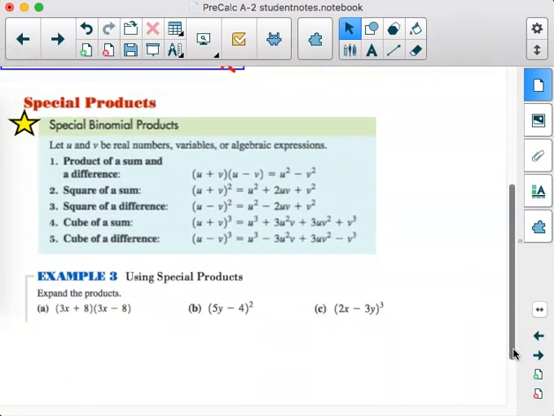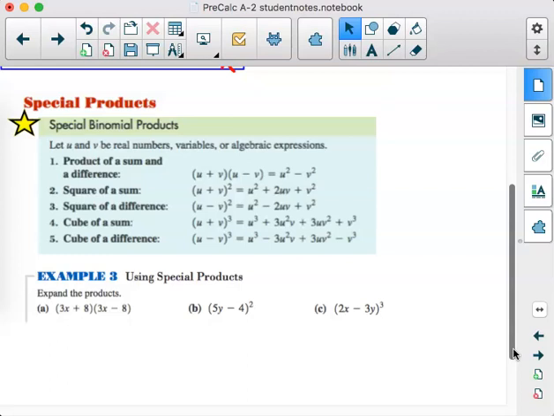Now, moving on to special products, things that we should notice when we're trying to multiply binomials together. And you're going to see here that the higher powers ask you to remember a little bit about Pascal's triangle. So special binomial products: let u and v be real numbers, variables, or algebraic expressions. And we have the product of a sum and difference.